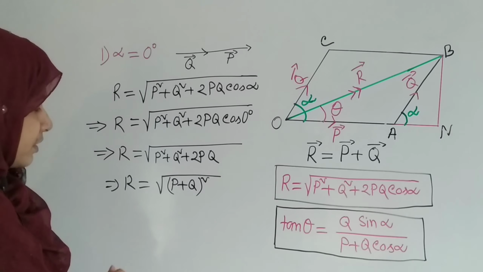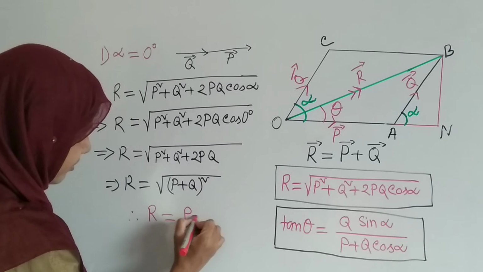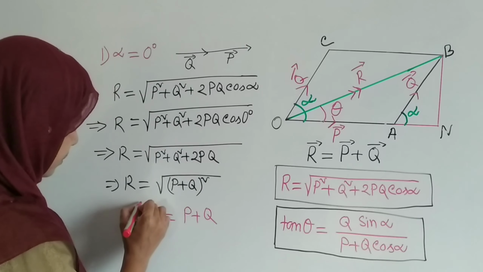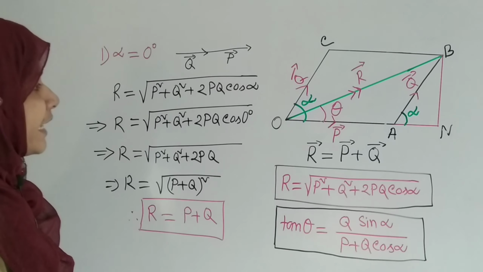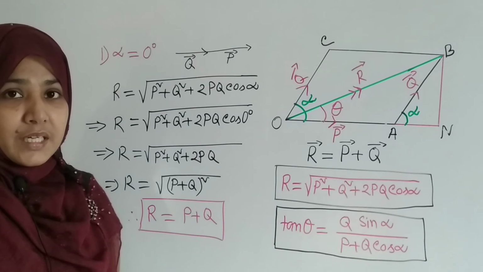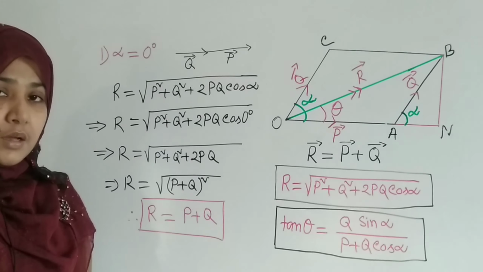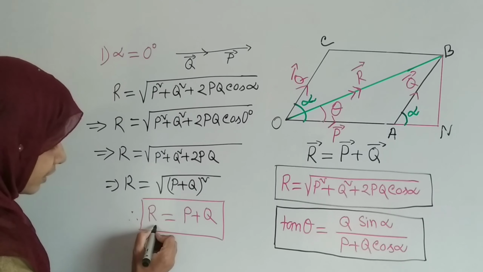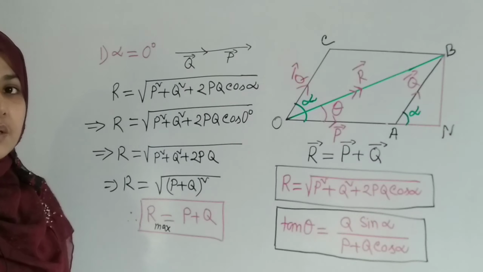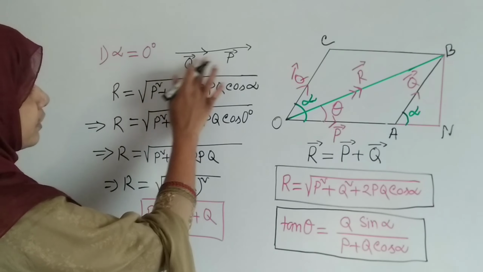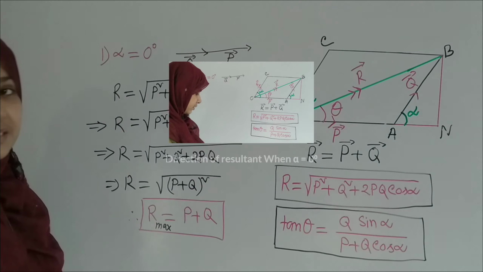So we can say that R equals to P plus Q. That means when the angle between P and Q is 0 degree, the value of the resultant will be maximum. So sometimes we use that the maximum value of resultant R is P plus Q. Here you can see that P and Q, two vectors, are acting in the same line, so the resultant will show the maximum value.